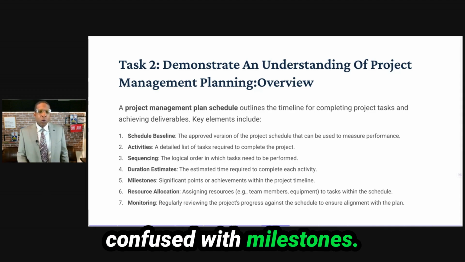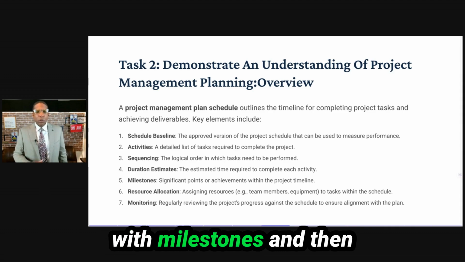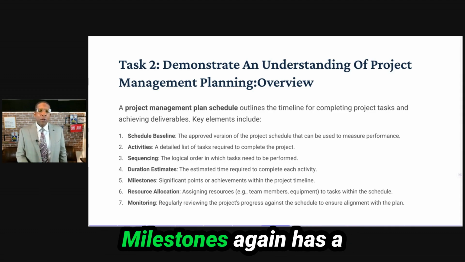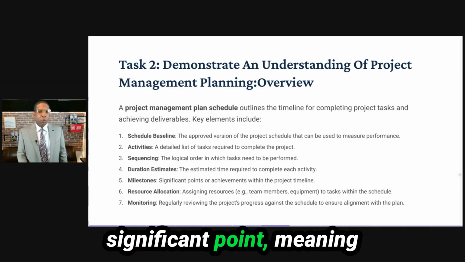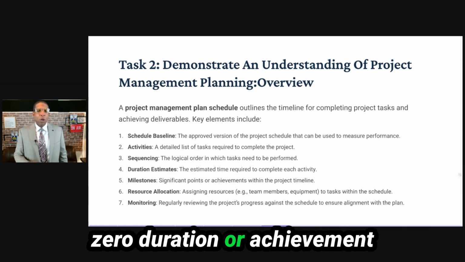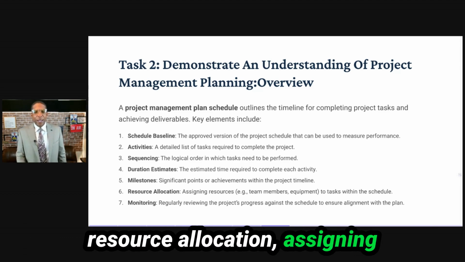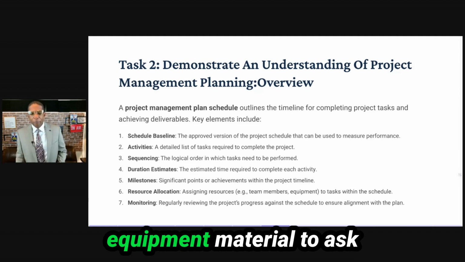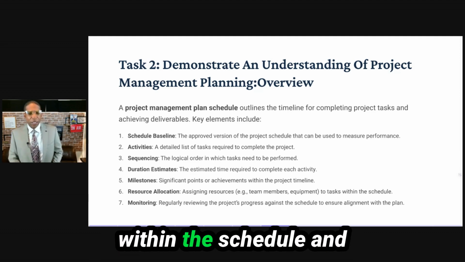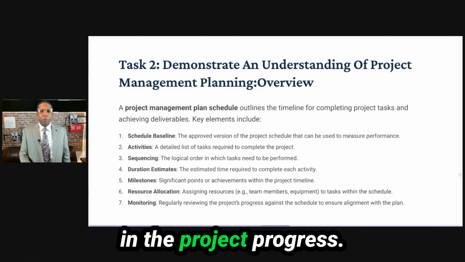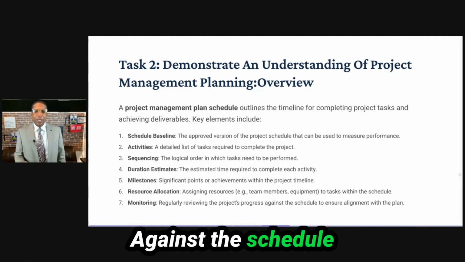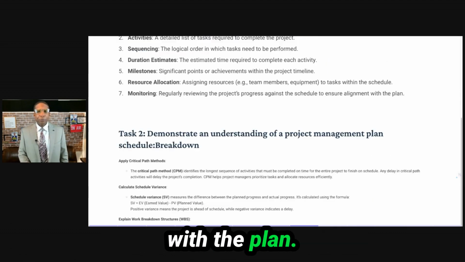With milestones, all you need to know is this, and then they will take care of tasks. Milestones, again, has a significant point, meaning zero duration or achievement within the project timeline. Resource allocation, assigning resources, team members, equipment, material to tasks within the schedule. Monitoring, regularly reviewing the project progress against the schedule to ensure alignment with the plan.